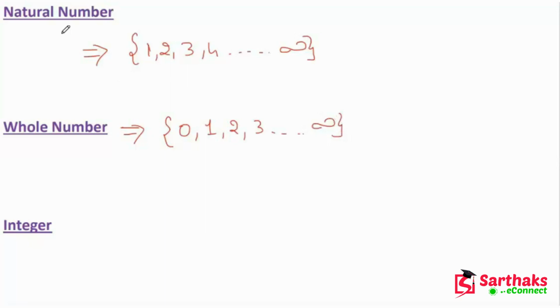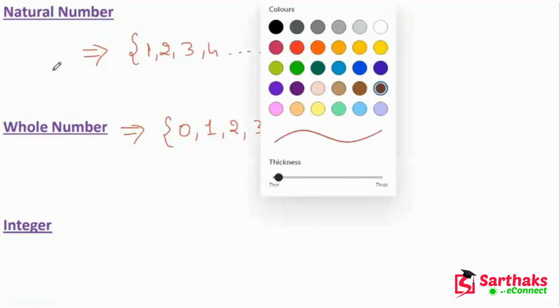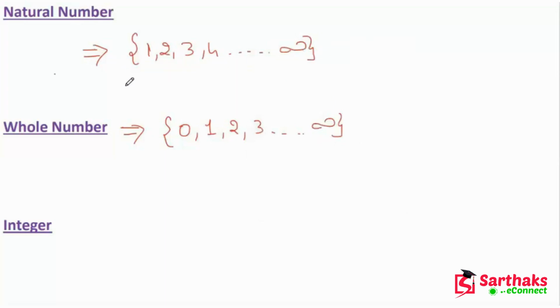That's why we say the natural numbers are a subset of whole numbers. We can say all natural numbers are whole numbers, but we cannot say all whole numbers are natural numbers, because zero is not a natural number.